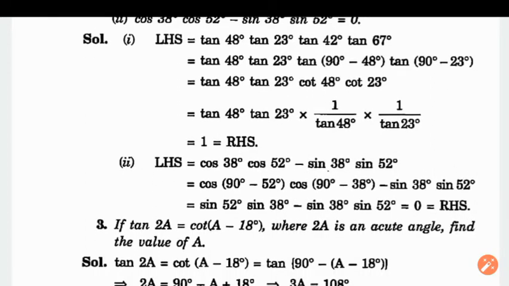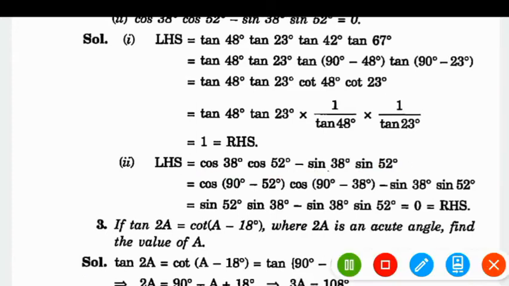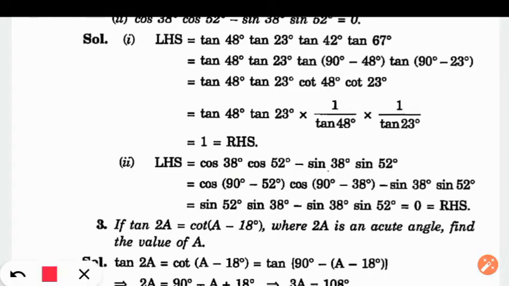Now the next one, part 2. See, 38 degree and 52 degree are complementary to each other, right? So we can apply the formula here. They all are not standard angles.